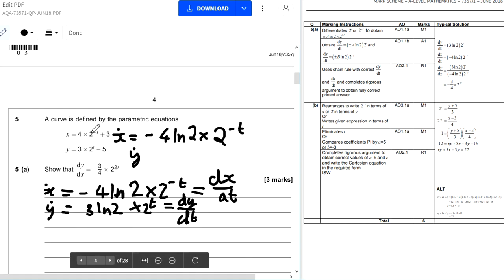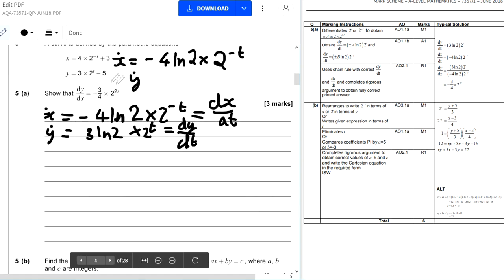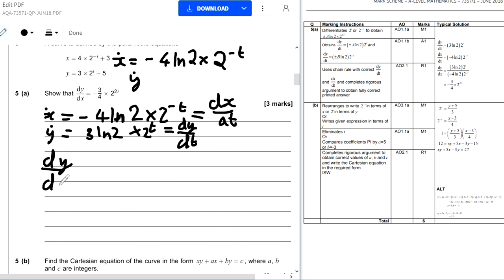So I'm looking for dy dx, but I don't have that straight away. So how do I get dy dx from this? Well, they aren't fractions, but they act like fractions. So if I do dy dt times dt dx, which is just the reciprocal of this function, I'm going to get dy dx.